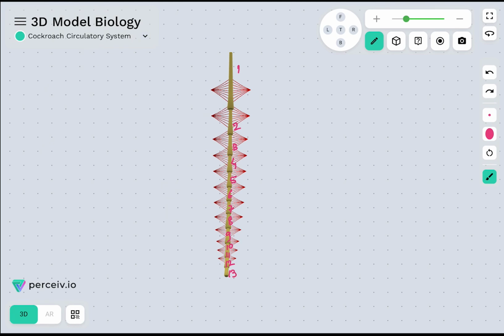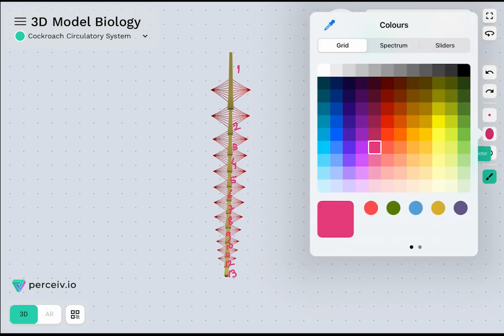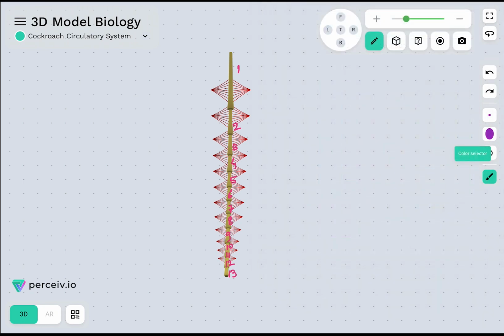So there are a total of 13 chambers. Now the very first important thing to note is that all the chambers have string-like structures present on either side, and those are called alary muscles. These structures which you can see over here are called alary muscles.